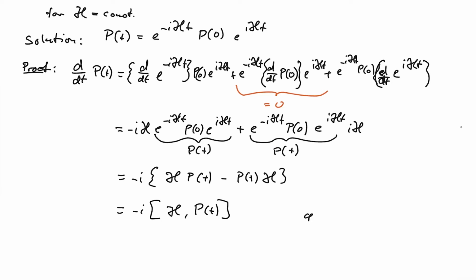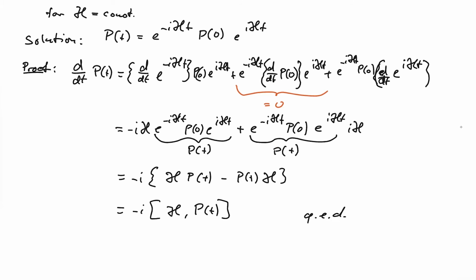And that is what we wanted to prove. So indeed, we have a solution. We now have the initial statistical operator P surrounded by two matrix exponentials, e to the minus iHt and e to the iHt. And with this, we can now calculate spin properties.